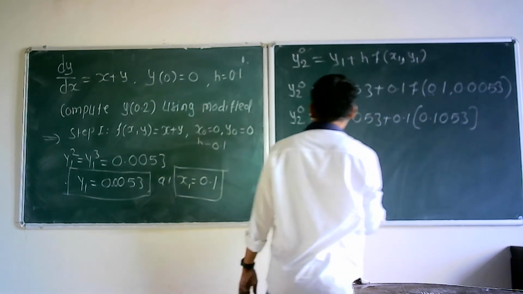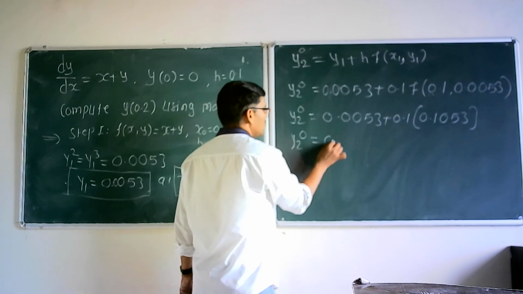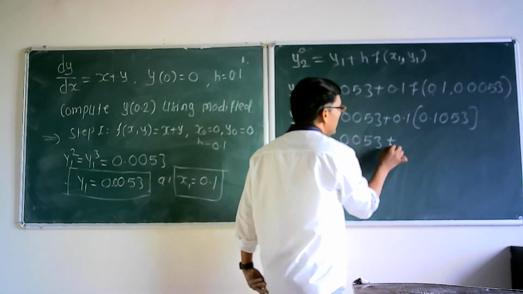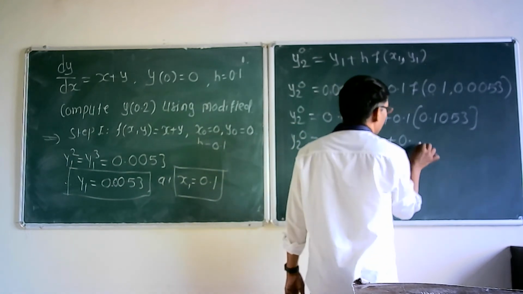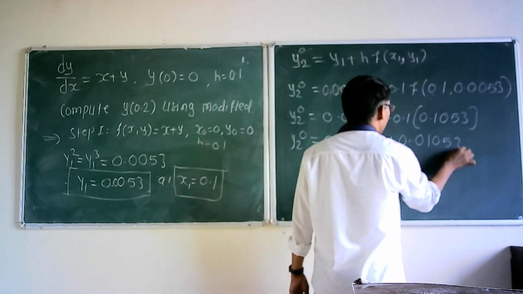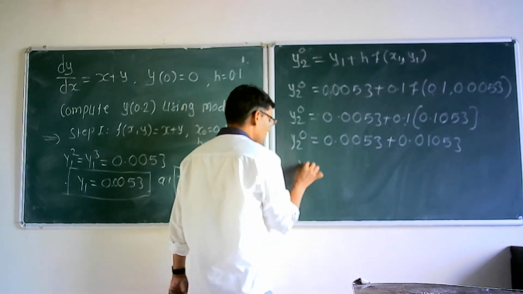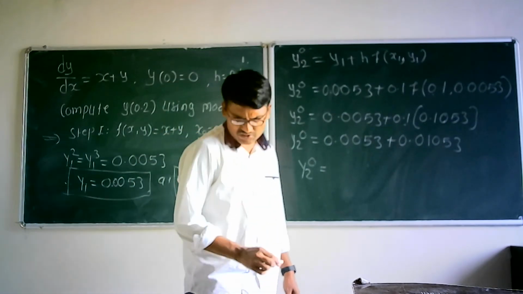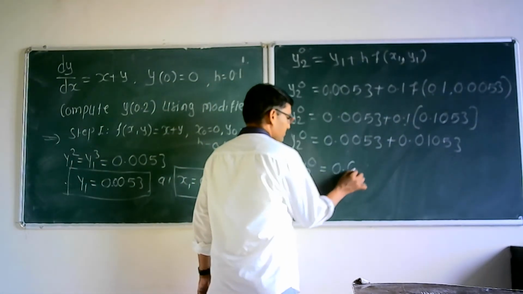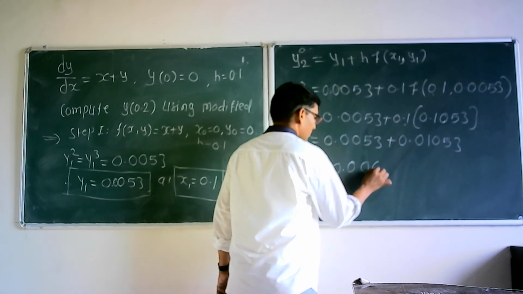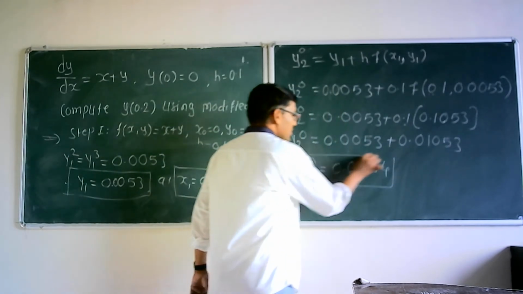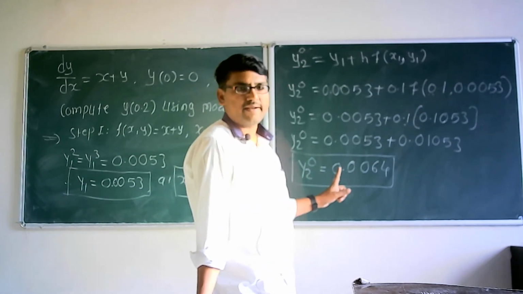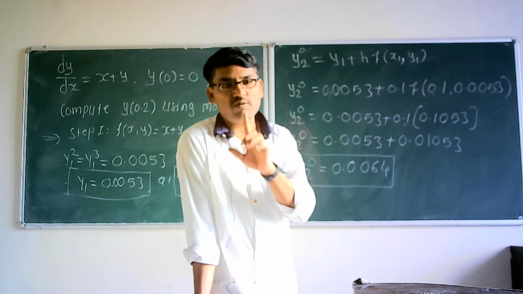So y20 is equal to 0.0053 plus 0.01053. If you multiply these two terms and add, you will get y20 equal to 0.0064. Okay, so this is the value of y2 at x2, but this value of y2 at x2 is obtained from Euler method, not modified Euler method.